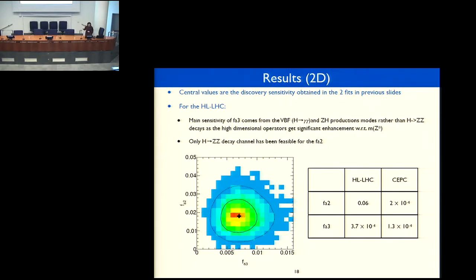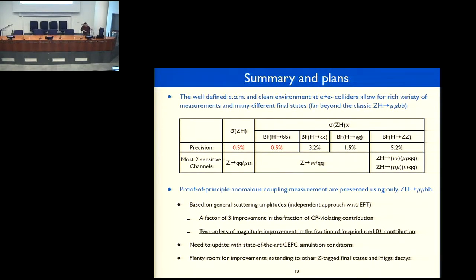Okay, so just to summarize, I gave you a highlight of the measurements using ZH, and I just wanted to emphasize again that in fact the leading, aside from the Higgs mass measurement, all the cross-section measurements are actually driven by those non-classic tag channels.